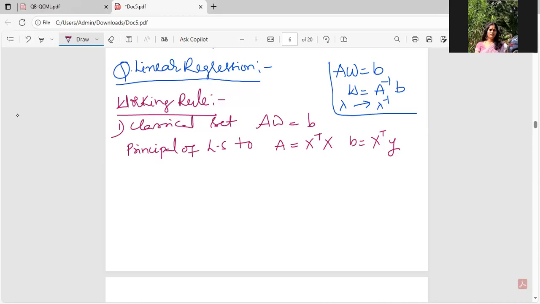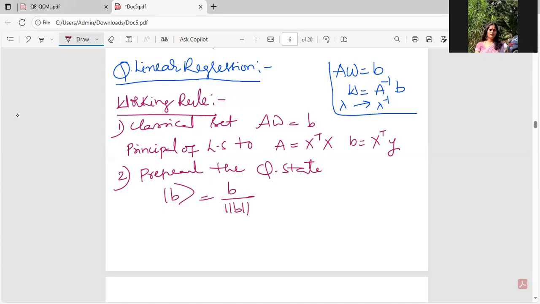But once I have this, I will prepare the quantum states. Quantum state ket B: how do I write ket B? B by norm B. It is just a vector. I normalize the vector and form the quantum state.